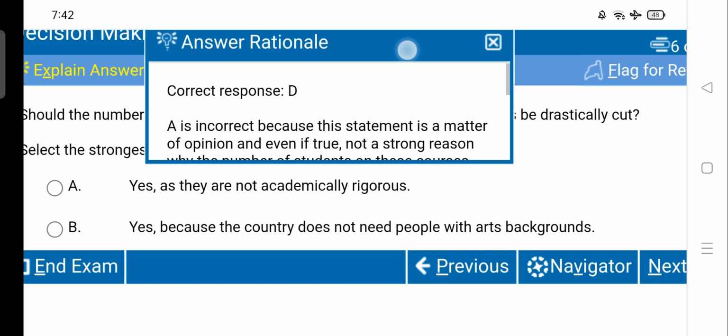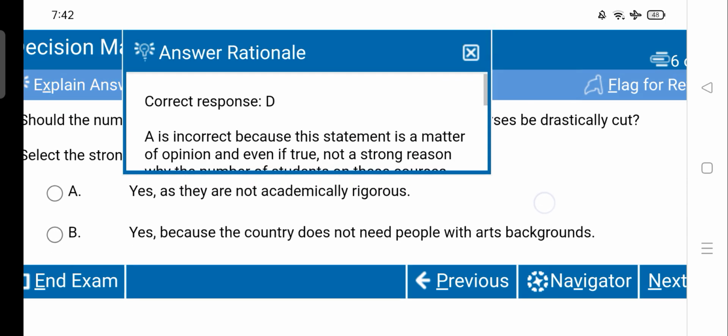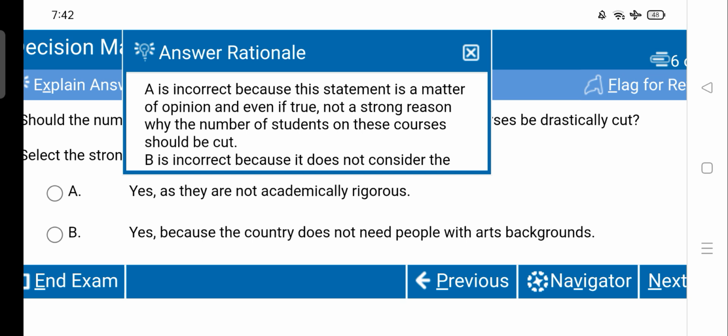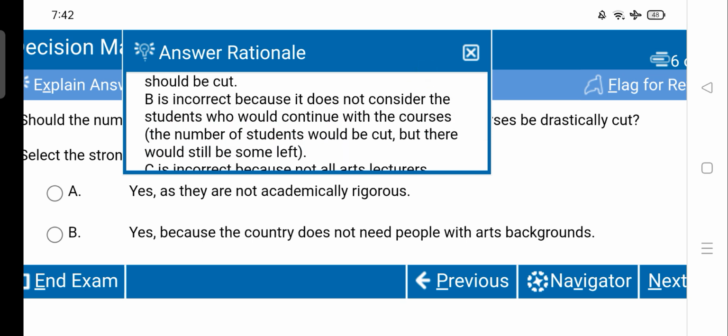So the correct option is D, and A is incorrect because this statement is a matter of opinion, and even if true, not a strong reason why the number of students on these courses should be cut. B is incorrect because it does not consider the students who would continue with the courses.